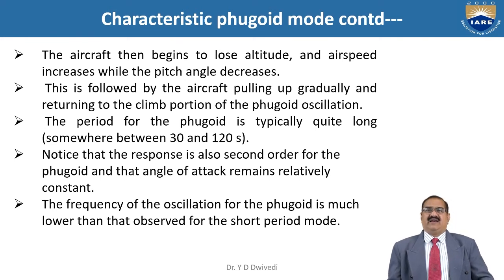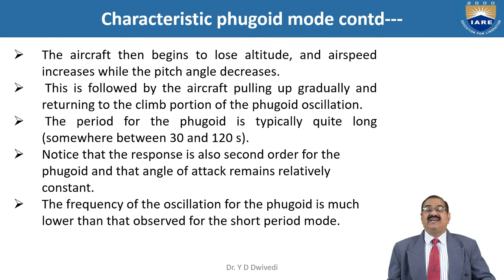It continues. In the characteristic phugoid mode, the aircraft then begins to lose altitude and airspeed increases while the pitch angle decreases. This is followed by the aircraft pulling up gradually and returning to the climb portion of the phugoid oscillation. The period for the phugoid is typically quite long. It is 30 to 120 seconds, but for the short period it is 5 seconds only.